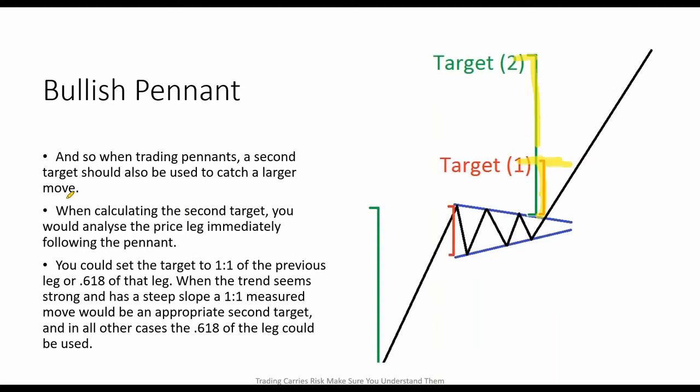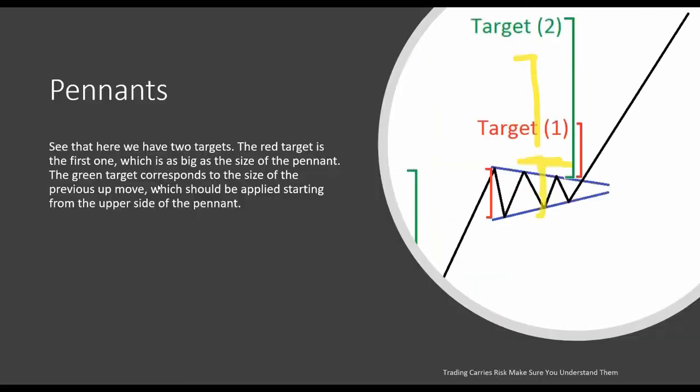So like I said, there's all kinds of stuff out there that doesn't really help us. So see here, we have two targets. The red target is the first one, which is as big as the size of the pennant. The green target corresponds with the size of the previous up move, which should be applied starting from the upper side of the pennant.